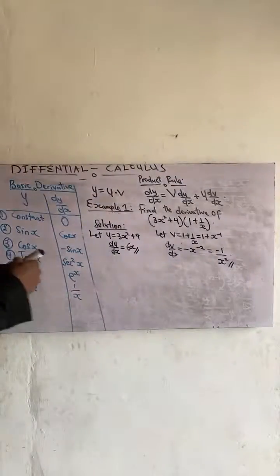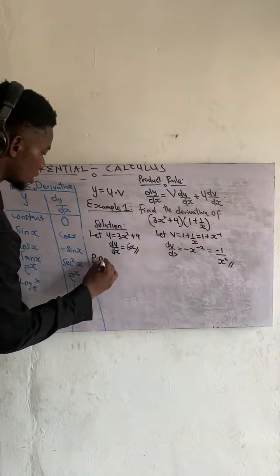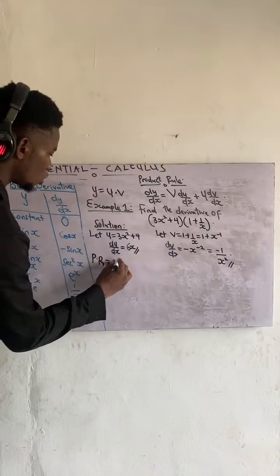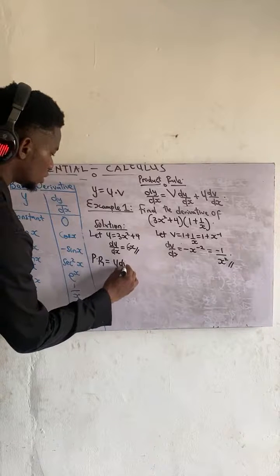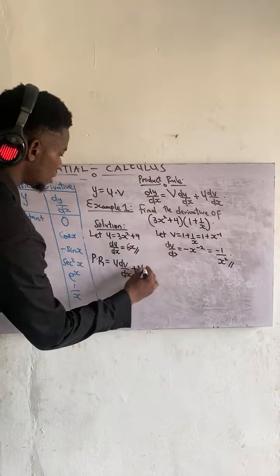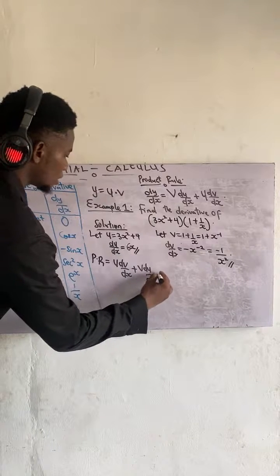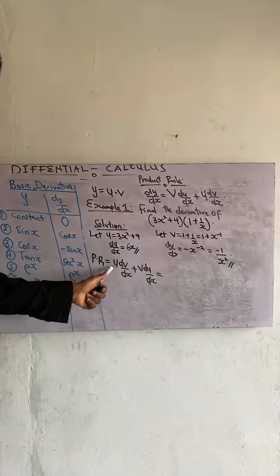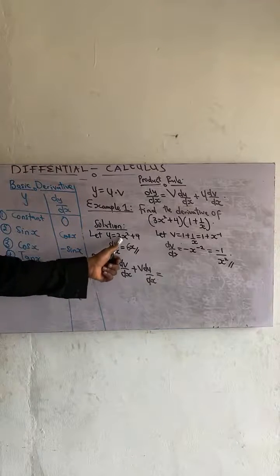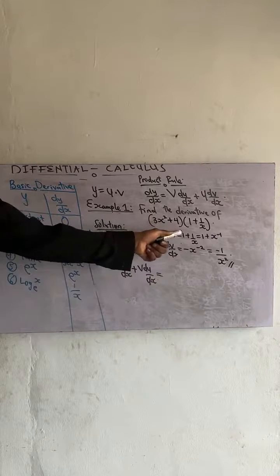So this simply means that the product rule is equal to u dv dx plus v du dx. My u is 3x squared plus 4, that is to say, the first function that comes in the question.